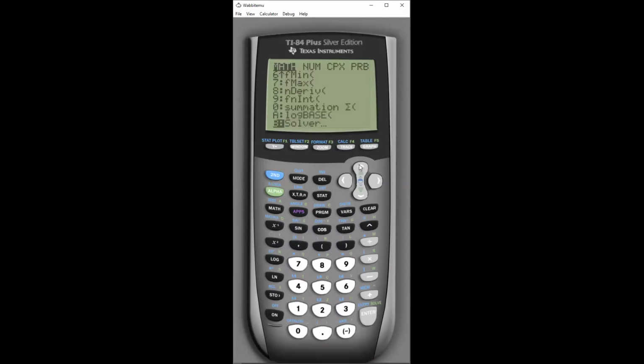So let's go into math, derivative with respect to time.